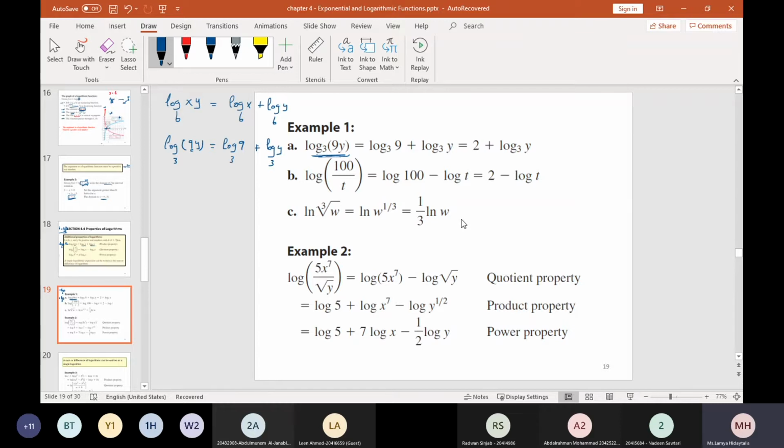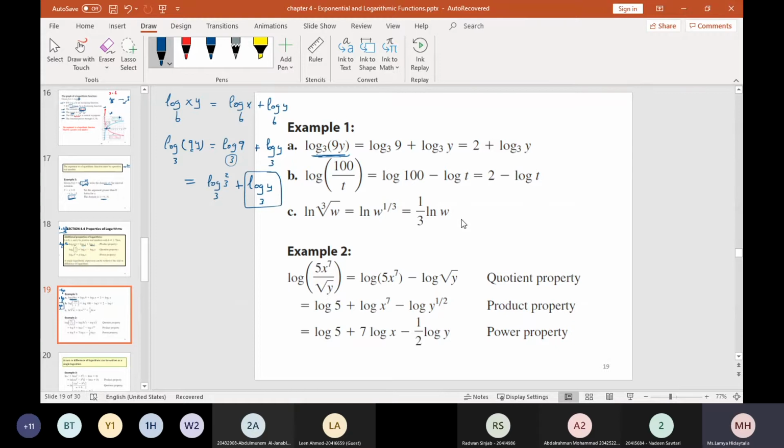Correct? Okay, what is log 9 to the base 3? The 9 is the base 3 to the power 2, right? So this is log 3 squared to the base 3 plus log y to the base 3. Okay, this one, I'll stop here.